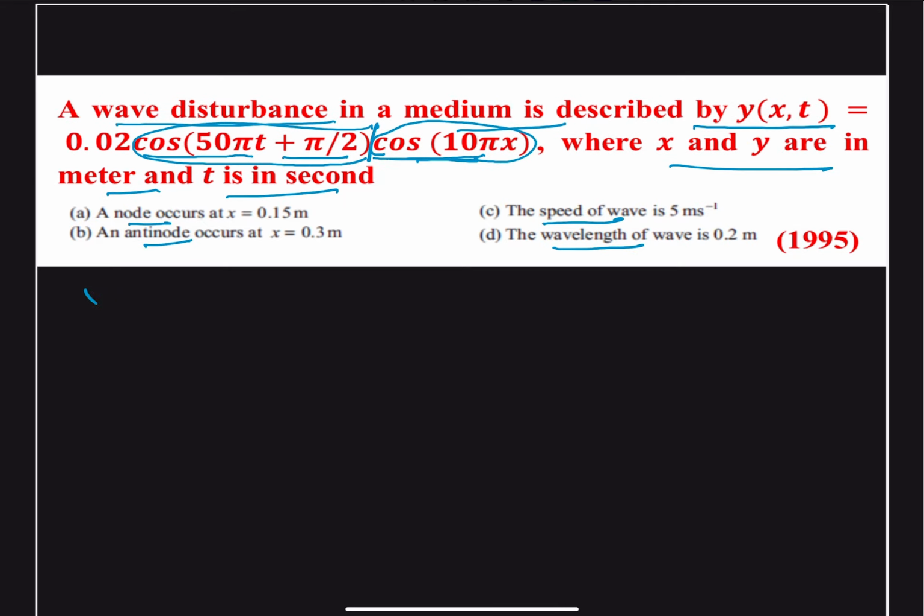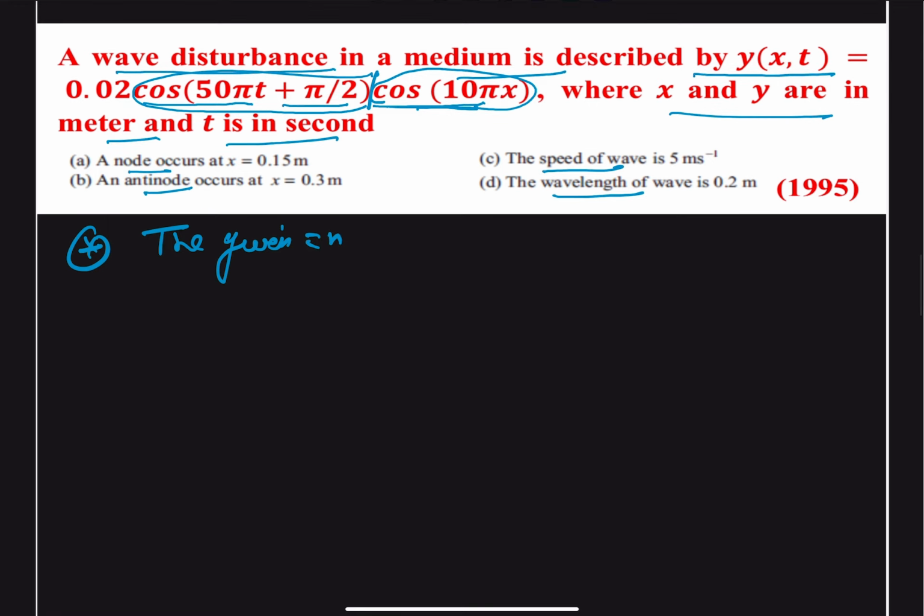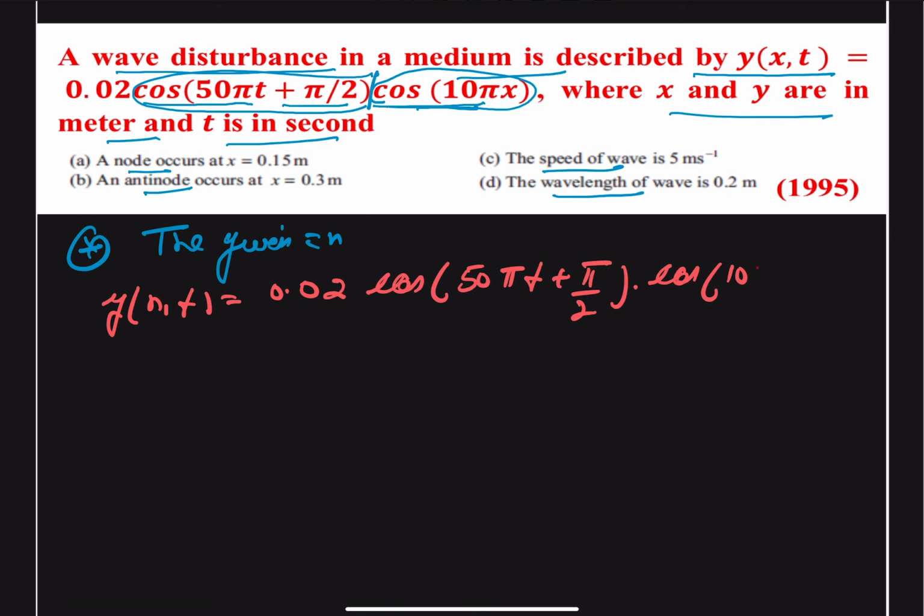So we are given that the given equation, which is y of x,t, is equal to 0.02 cos of 50 pi t plus pi by 2, multiplied by cos of 10 pi x.